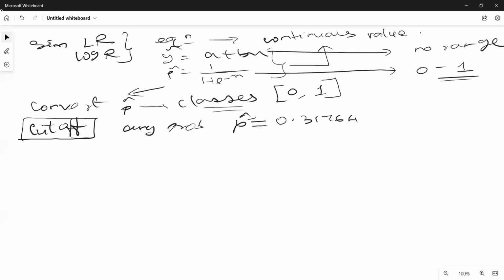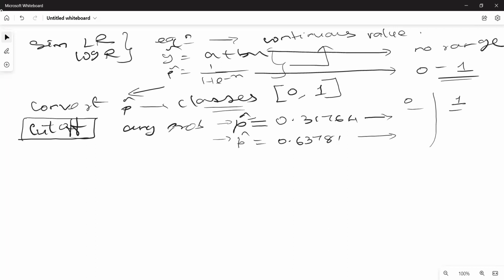And for the next record, the prediction is p hat equals, let's say, 0.63781. Now, how do I convert these values into a class 0 or 1? Because at the end of the day, I want this particular record to show me whether it is 0 or 1, and the second record to be 0 or 1.